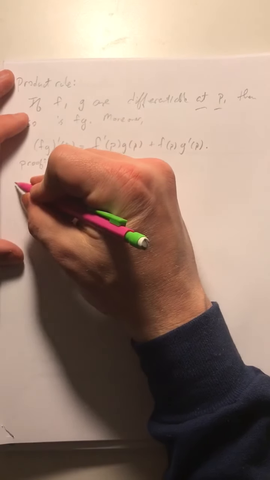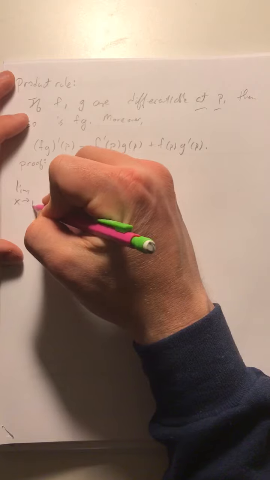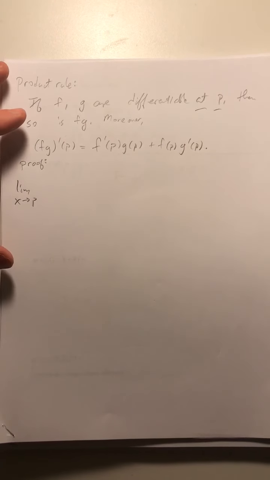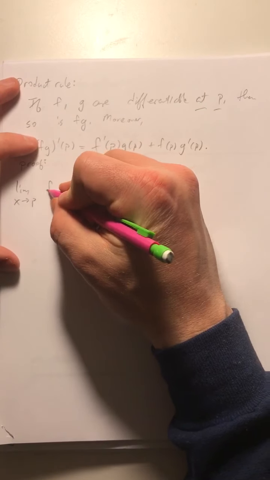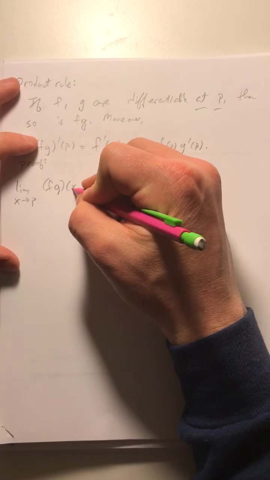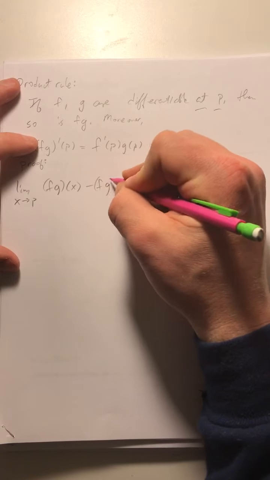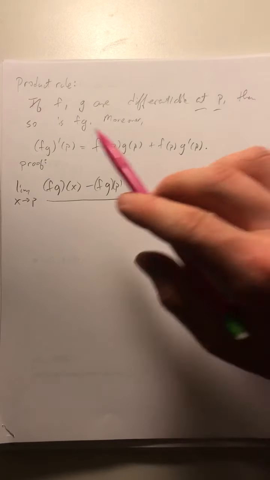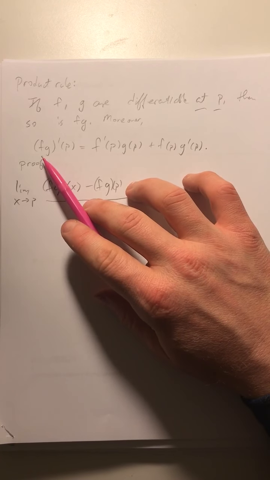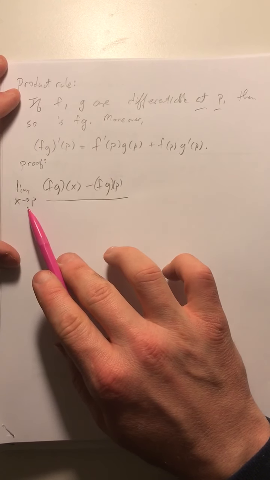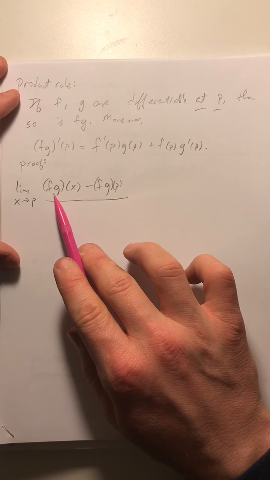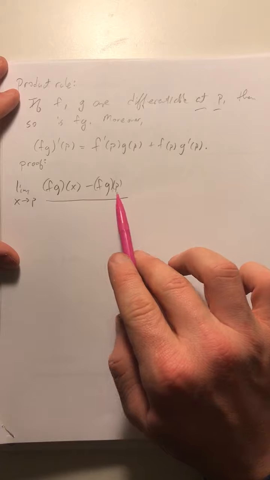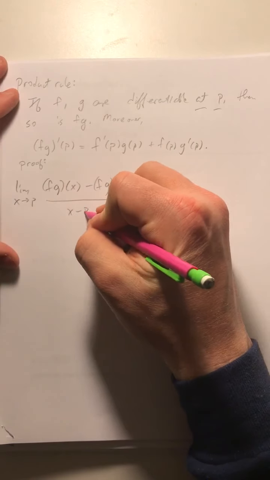So let's prove it. Okay, so this is one of the ways that we show something is differentiable: we have to look at the definition. The function in question that we're trying to show is differentiable is the function f times g. So I do the limit as x goes to p of that function, f times g, evaluated at x, minus that function, f times g, evaluated at p, over x minus p.